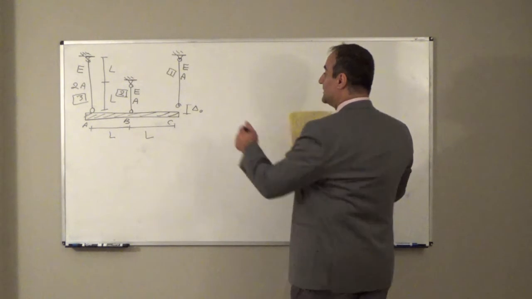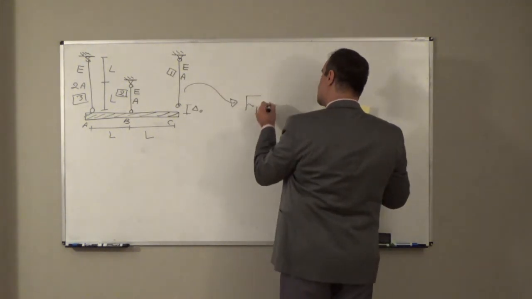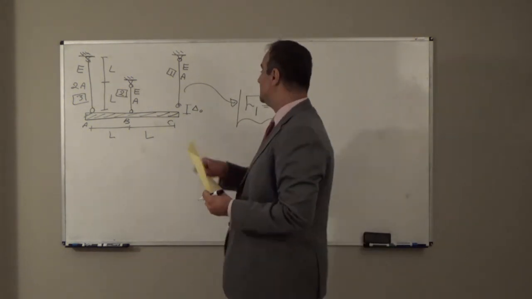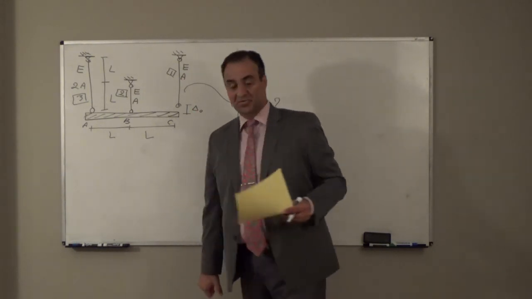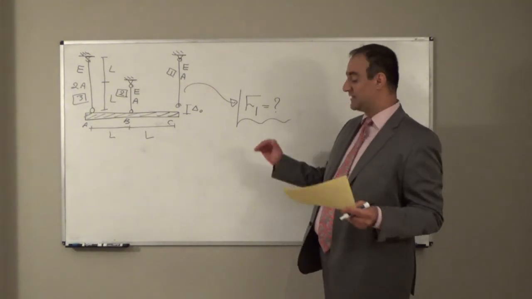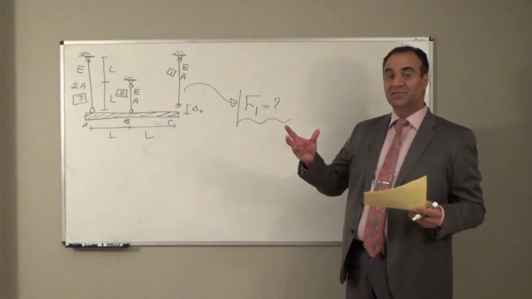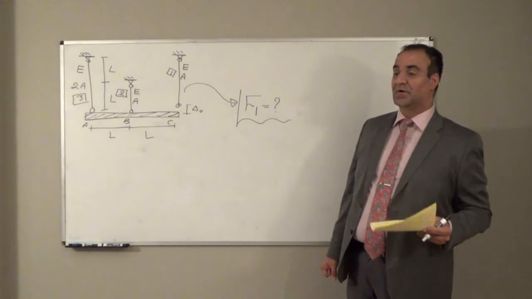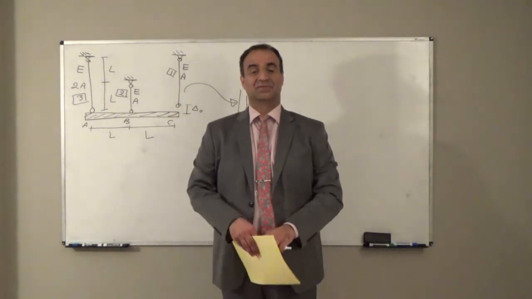What will be internal force in member 1? So you know, E is known, A is known, delta naught is known, L is known. Your final answer should be in terms of EA over L times delta naught, but the coefficient, you should find that. So what will be F1? Try to think about this and try to solve it yourself.